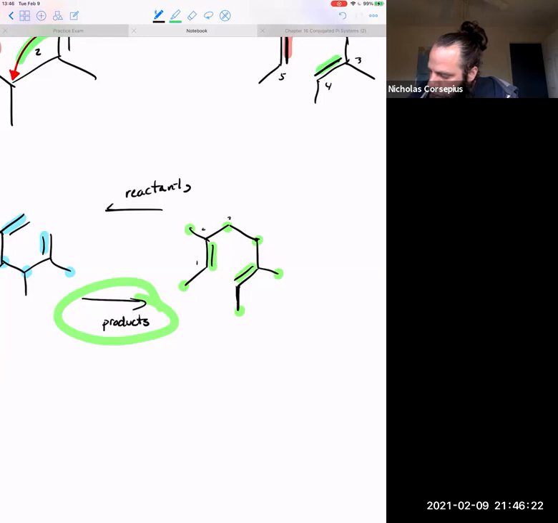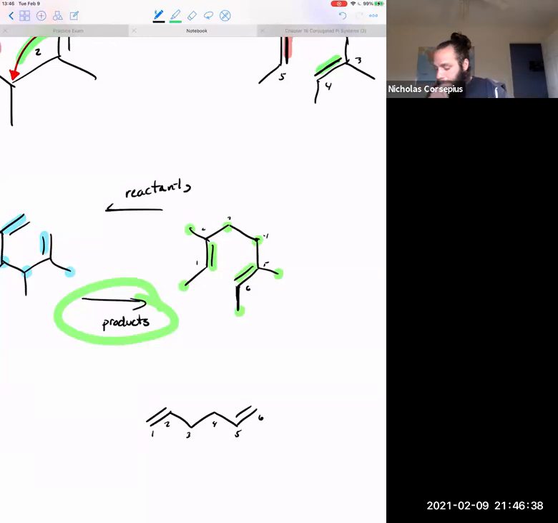1, 2, 3, 4, 5, 6. Let's just straighten out all those carbons that are in that chain. So 1, 2, 3, 4, 5, 6. Got our double bonds in the right position. And then I'm just going to add the other groups in such that my stereochemistry is correct. It's not going to be cis-trans, it's going to be E/Z, but nonetheless.